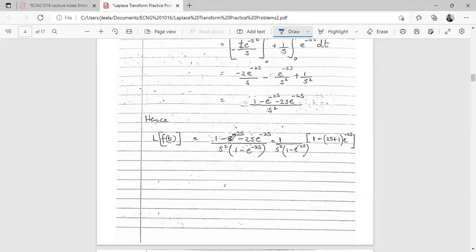So you'll have 1 minus e to the minus 2s minus 2s e to the minus 2s over s squared into 1 minus e to the minus 2s, right? And we could write this here as 1 over s squared into 1 minus e to the minus 2s into 1 minus 2s plus 1 e to the minus 2s.